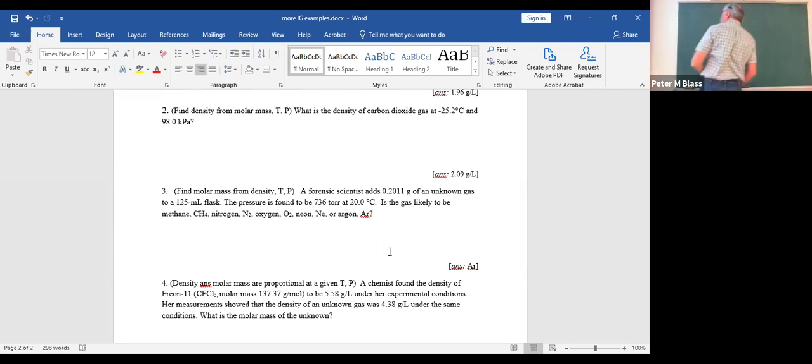While you're looking at the rest of that, it's 0.2011 grams. The flask is 0.125 liters, if you don't mind me doing that conversion in my head. Then it's 736 torr and 20 degrees.